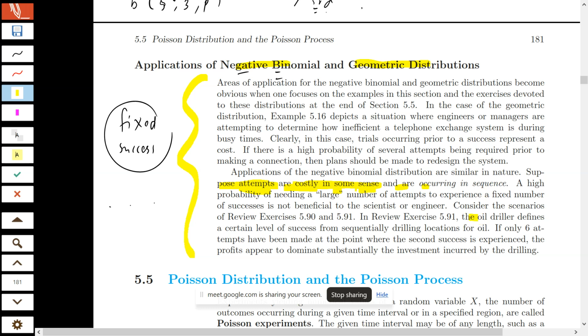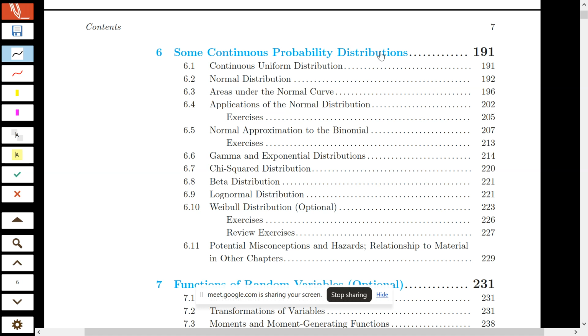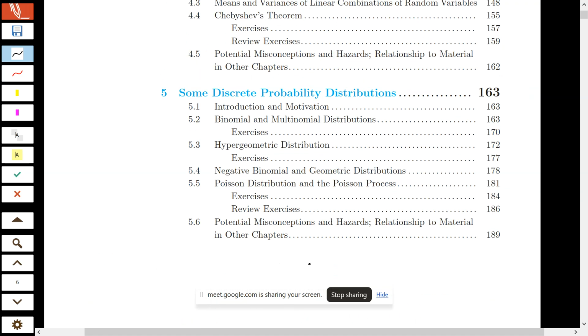Let's say you want to drill different locations to find oil or water. The success will be finding water or finding oil at that location, and drilling will be a trial. In this case the drillings are costly. So if you're looking for a fixed number of successes, whether one or a fixed number in negative binomial, this distribution has practical consequences. You can actually decide whether to go for that.